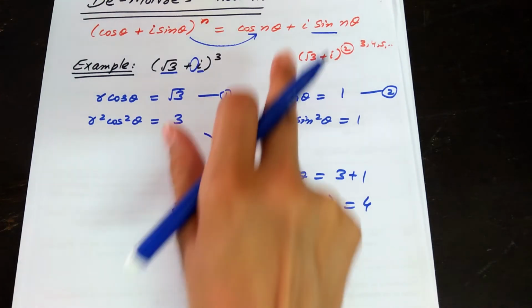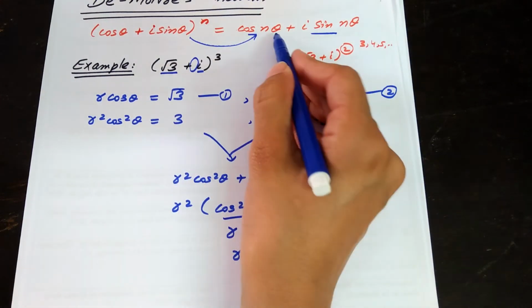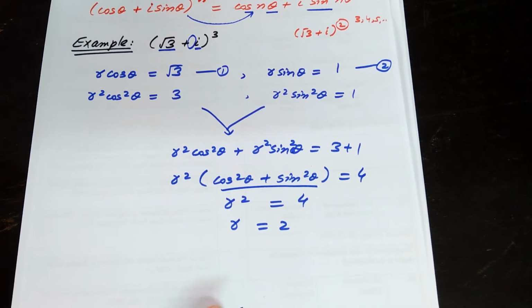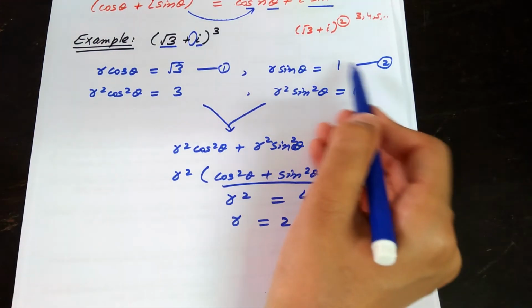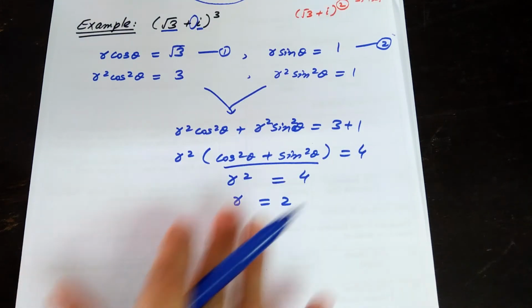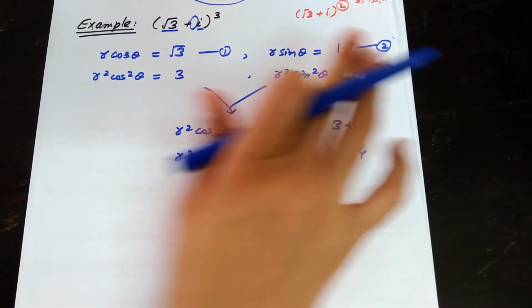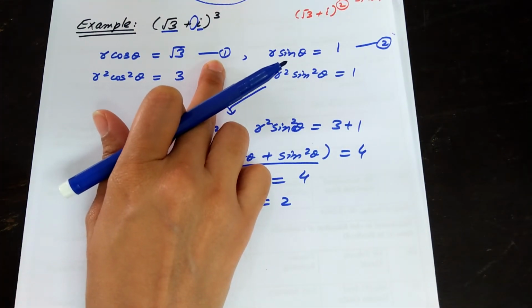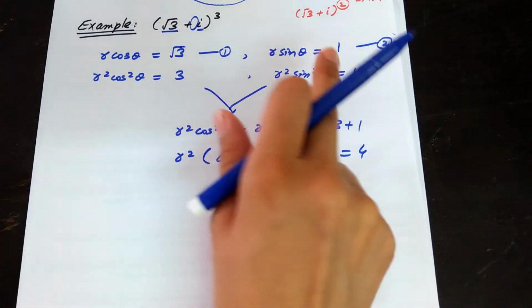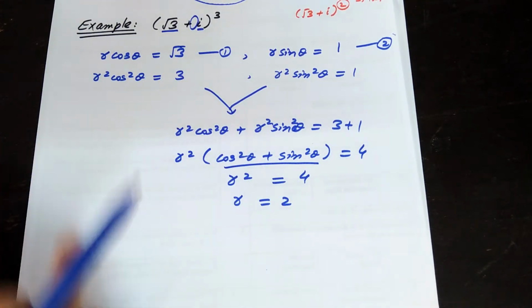Now for using that formula, we must know the value for theta as well, that is the angle. How can you figure out the value for the angle? You simply divide equation number 2 by equation number 1. The left hand side will be divided by the left hand side and the right hand side by the right hand side.